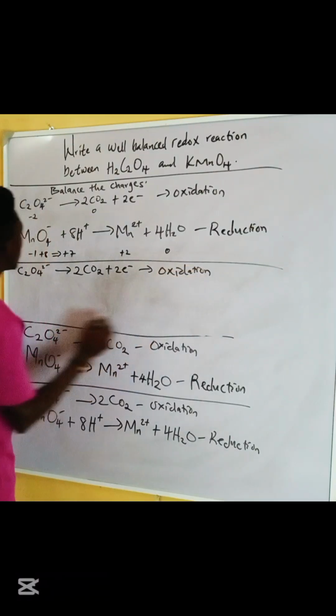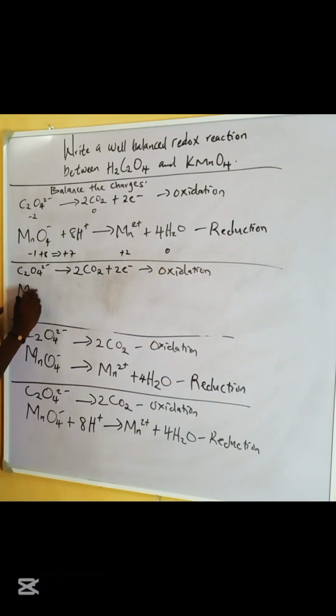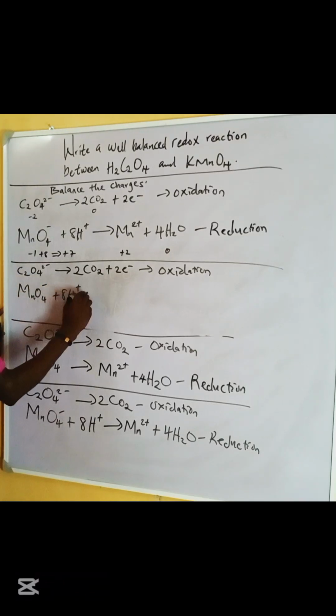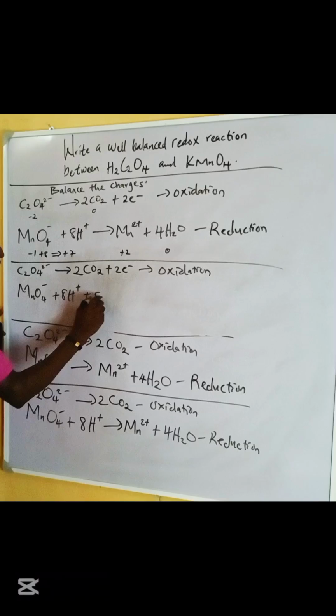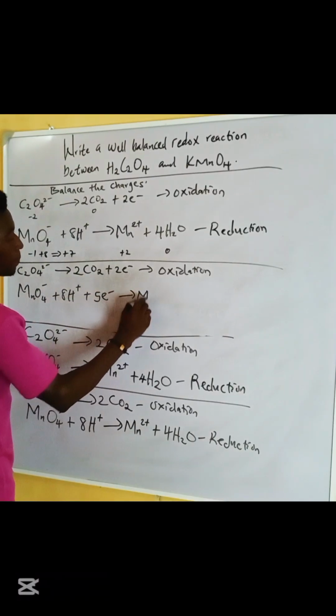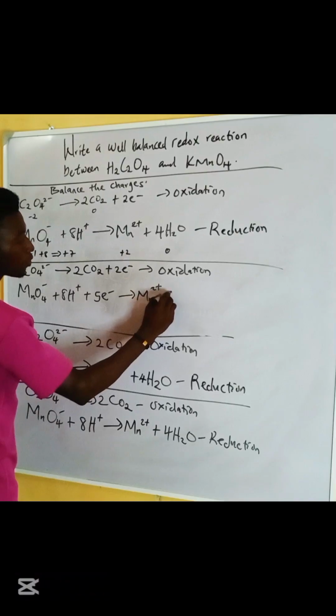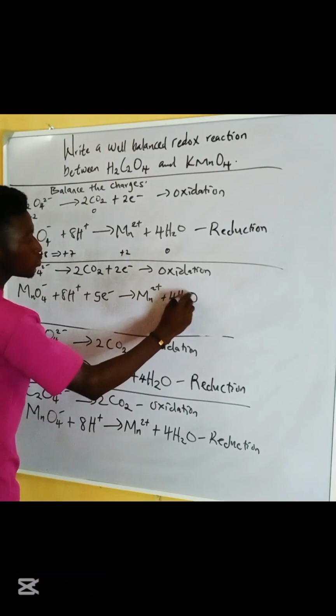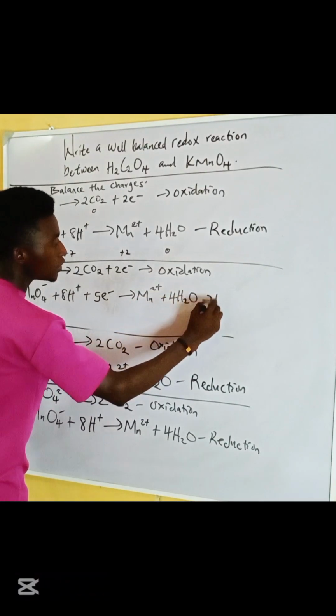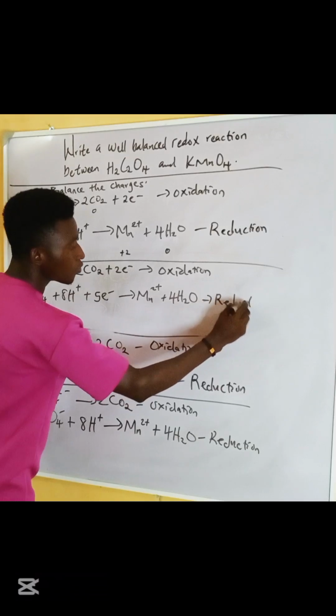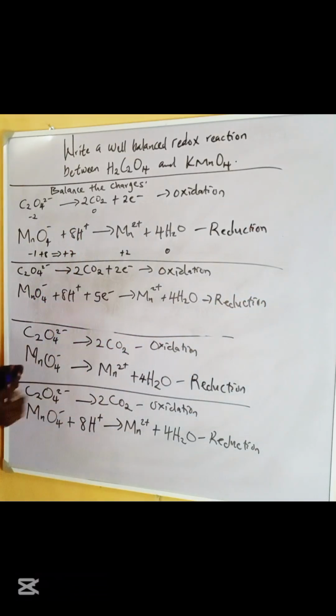Then here I have MnO4- plus 8H+, I'm going to add plus 5 electrons, to give me Mn2+ plus 4H2O, which is my reduction.